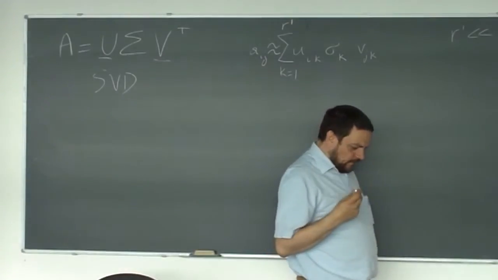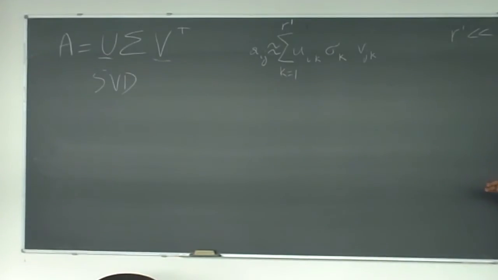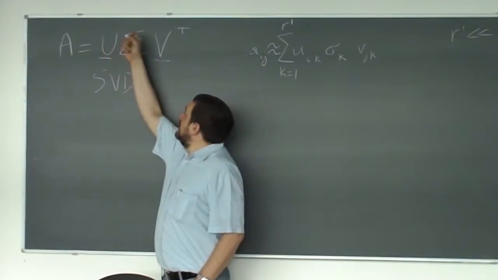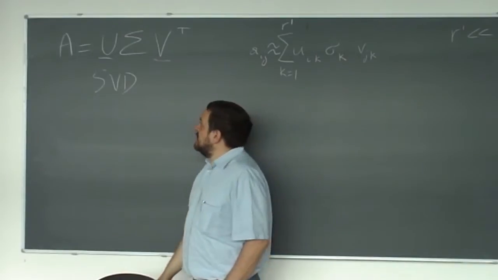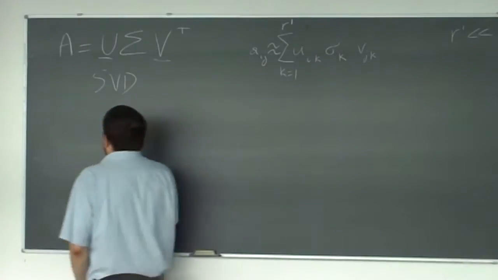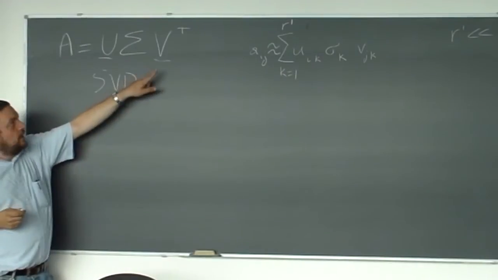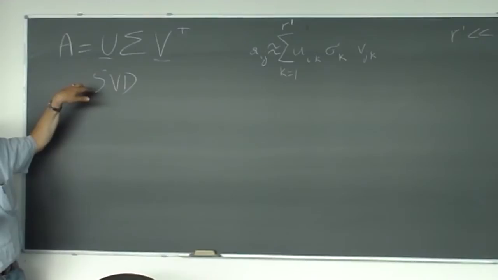Now, here you see we have some symmetry in this formula. In fact, both U and V are orthogonal by columns.